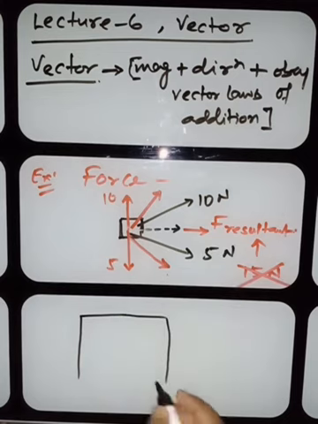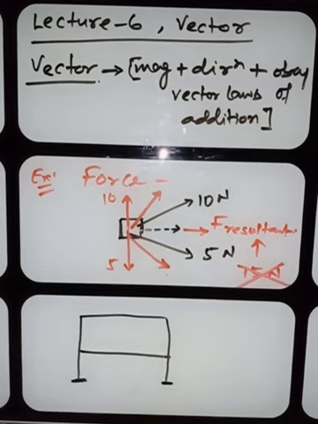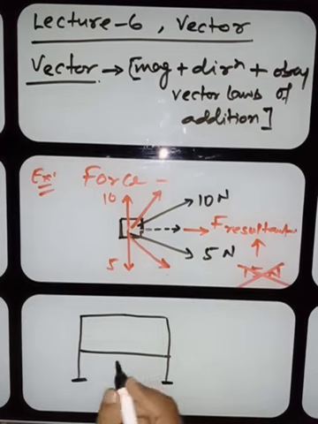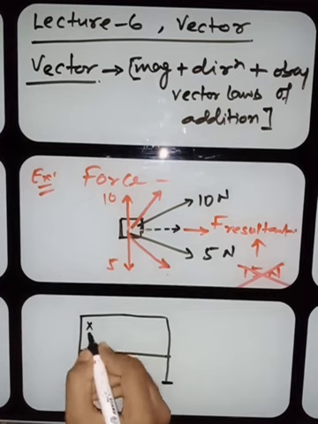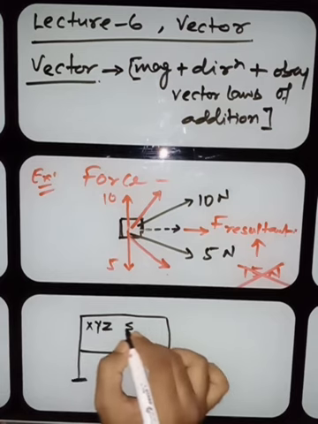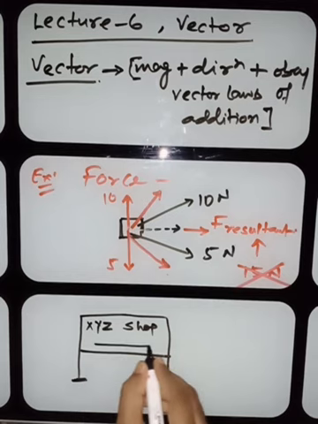This is a signboard. It is installed for helping customers to show the direction. Suppose it is the X, Y, Z shop. This arrow represents the direction.